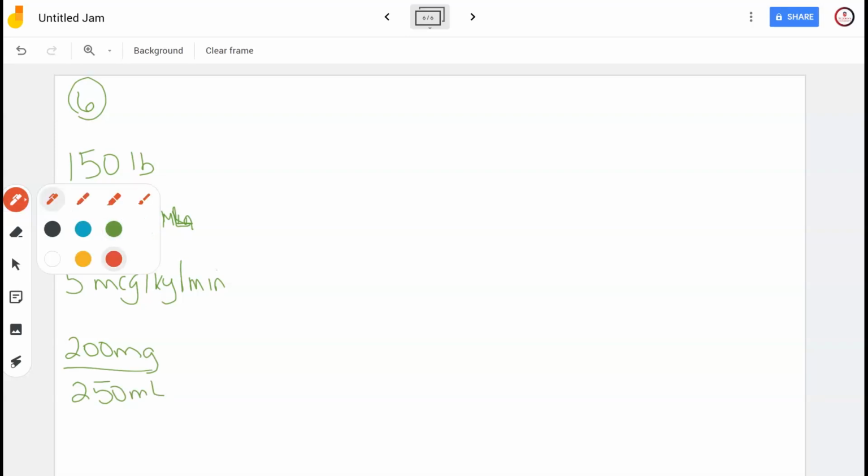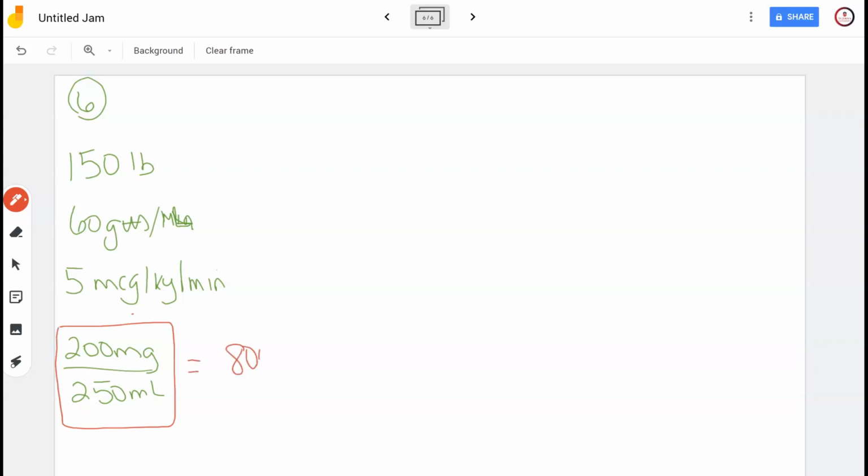So first things first, we should recognize this dopamine mix by now. It's your 800 microgram per milliliter. This is your dose on hand. We're going to do a little rounding here because 150 pounds does not come out to a nice, easy kilogram.